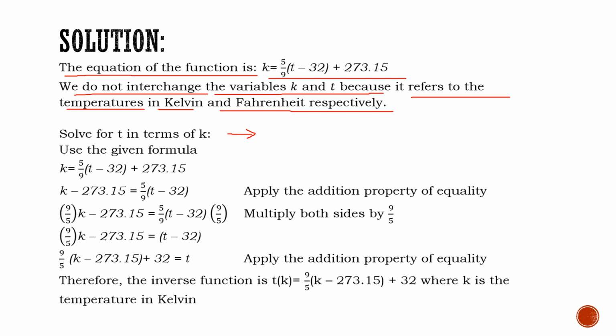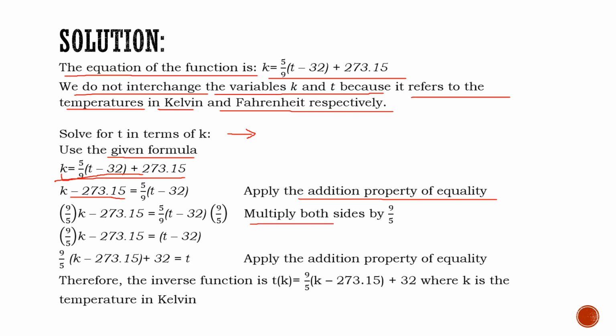So next is to solve for T in terms of K, using the given formula. Here we simply copy the given formula of the function, then apply the addition property of equality, or APE. We simply transpose positive 273.15 to the other side of the equation, so it becomes K minus 273.15 is equal to 5 over 9 multiplied by T minus 32.